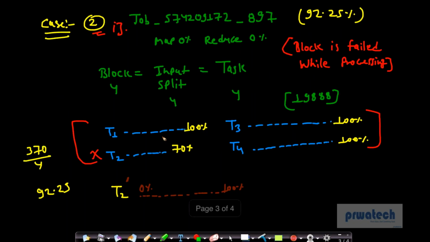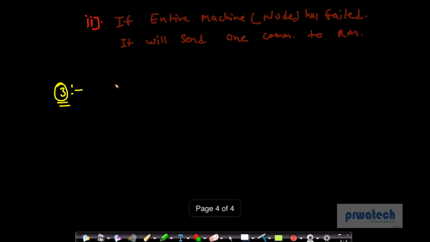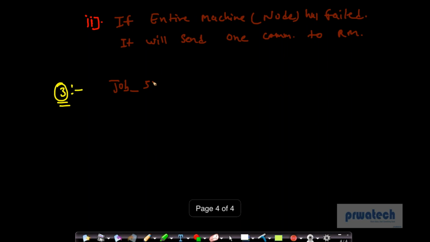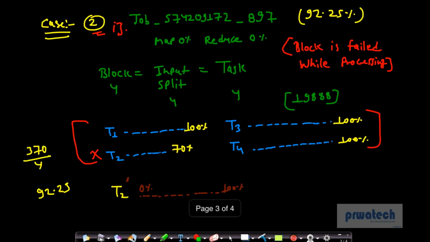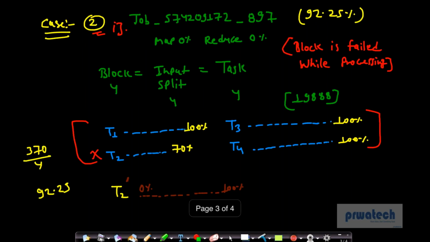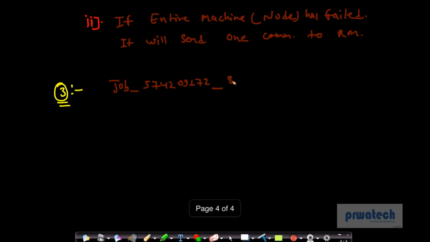What happens when you submit this job, right? So let me write the job name again: job underscore 5742. This number I have taken randomly: 09172 underscore 897.